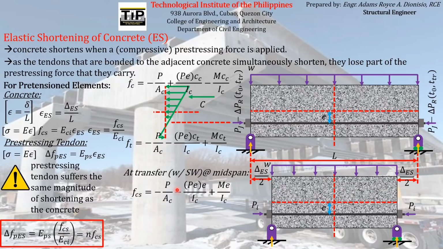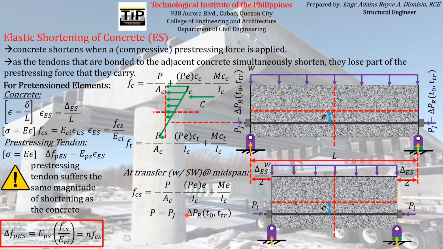So that is the formula for finding the stress acting on the concrete at the level of the pre-stressing reinforcement. The P that you see here is actually equal to this expression: the actual magnitude of the pre-stressing force that is transferred to the concrete element at transfer.